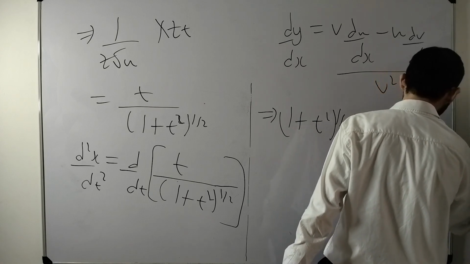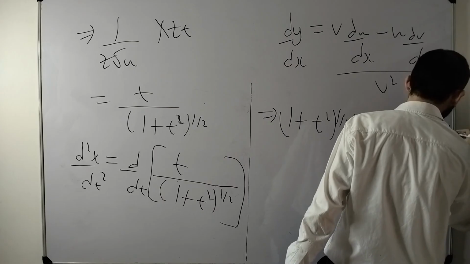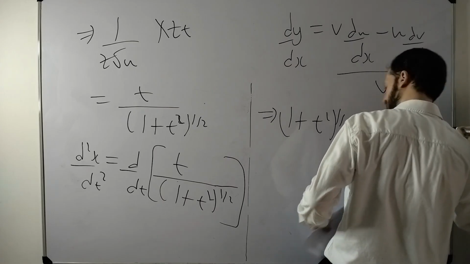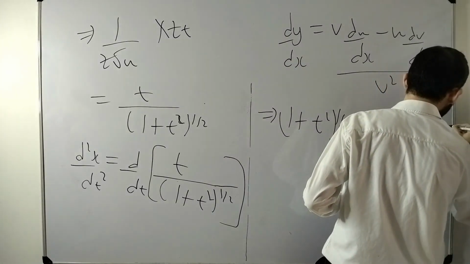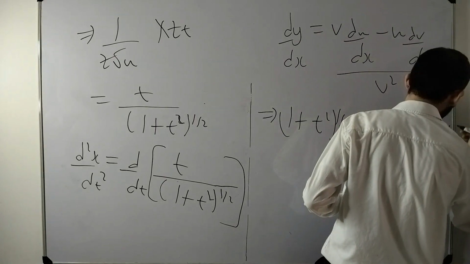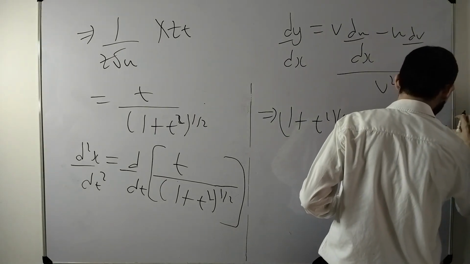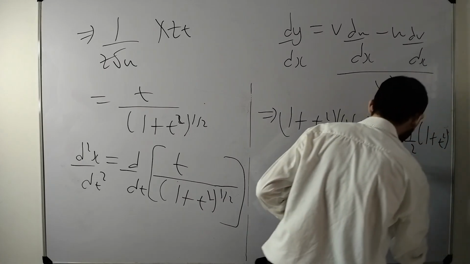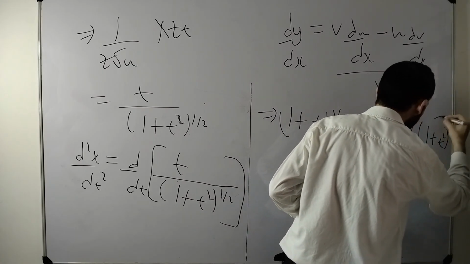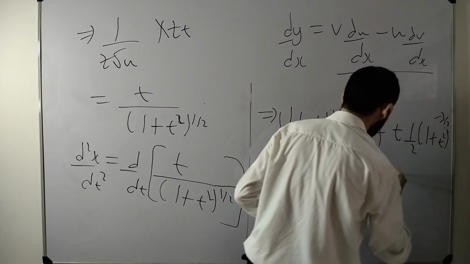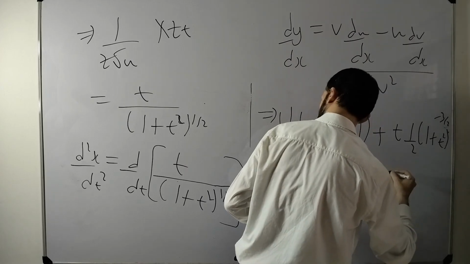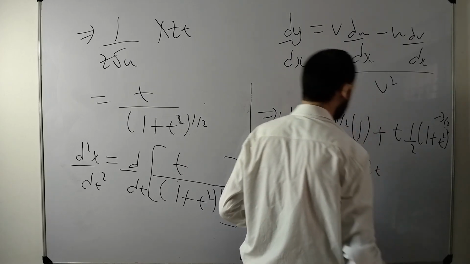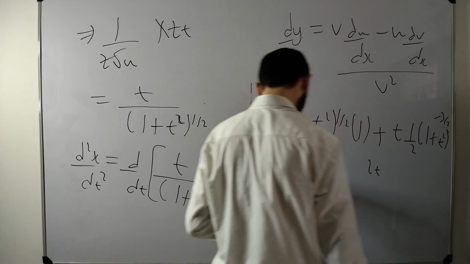So this becomes (1 plus t squared) to the power minus 3 by 2. I am writing here minus 3 by 2 in the power, and this is 2t.